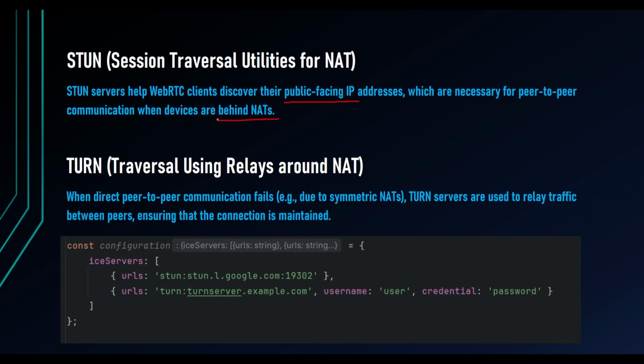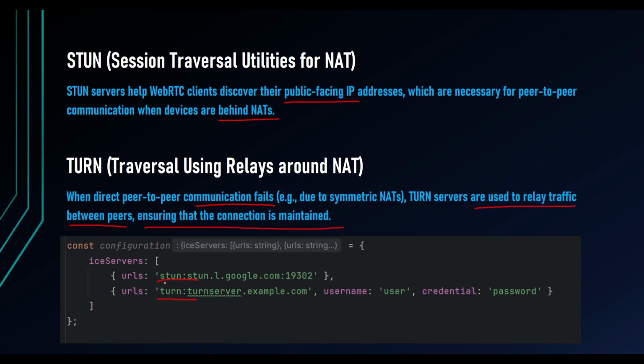And TURN, or Traversal Using Relays around NAT, is used when direct peer-to-peer communication fails, for example, when staying behind a symmetric NAT. TURN servers are used to relay traffic between peers, ensuring that the connection is maintained.